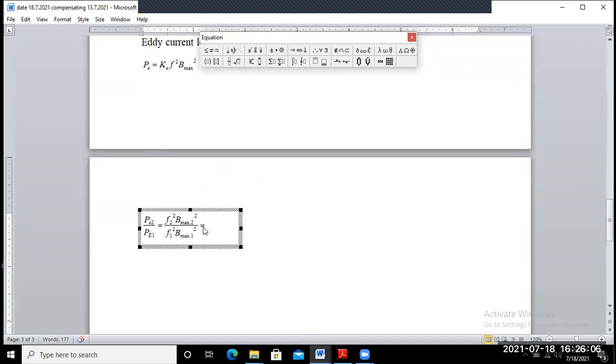So you know the values of F2 and F1: 50 by 60.